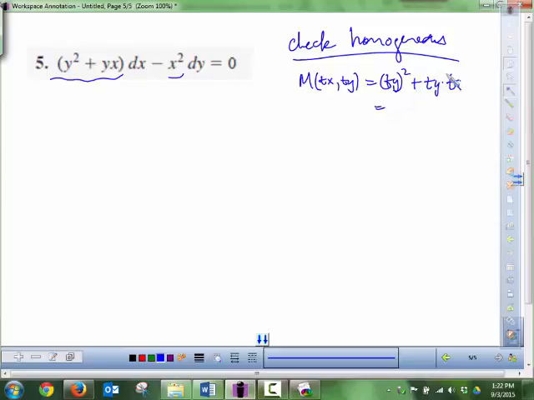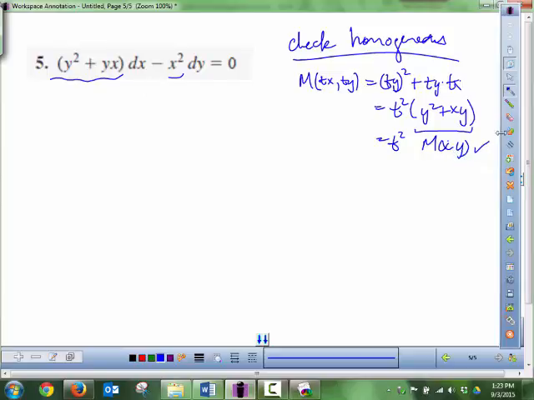And they both have a t squared associated with it. And then after you've pulled out the t's, you look at this and say, oh, that's just exactly like your m of x y function. Right? So you can say, yes, this is homogeneous.